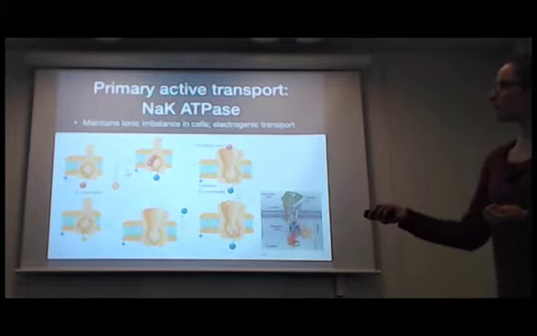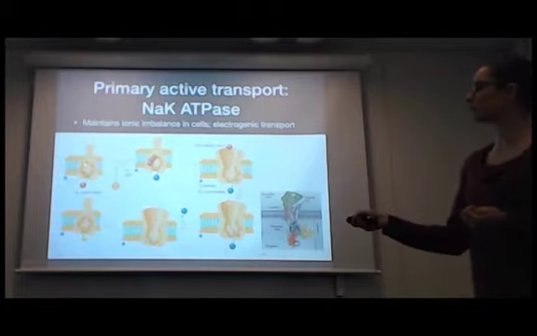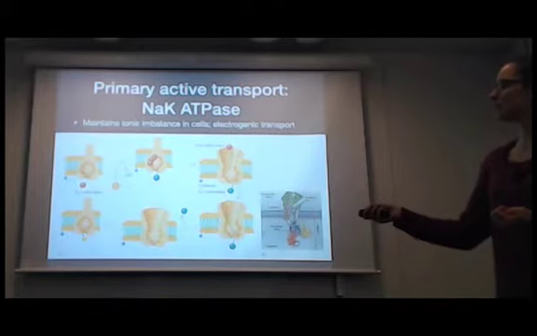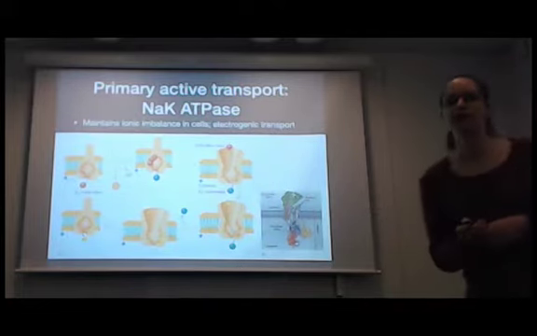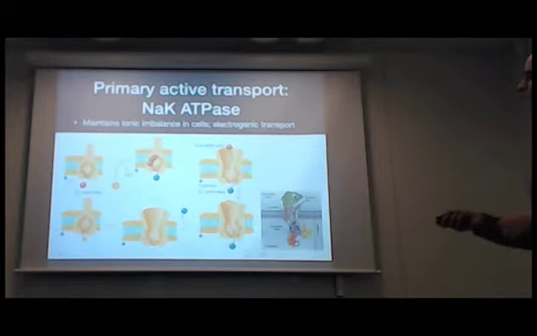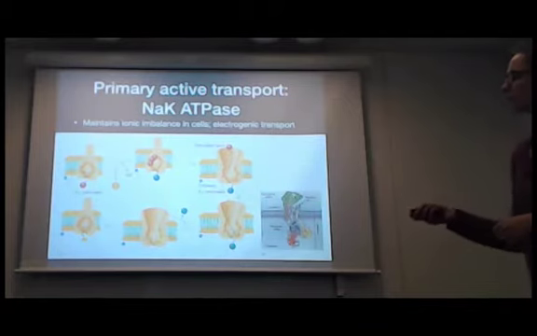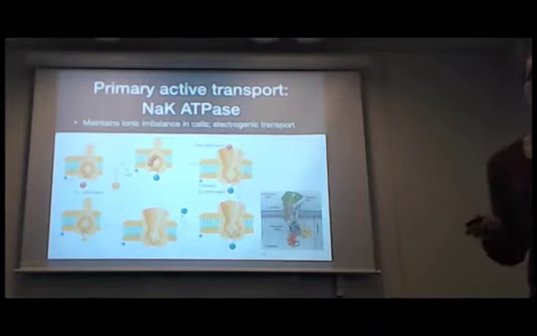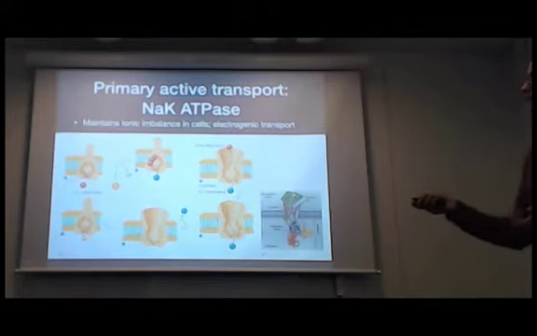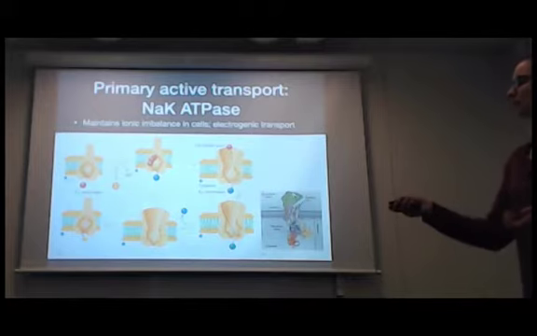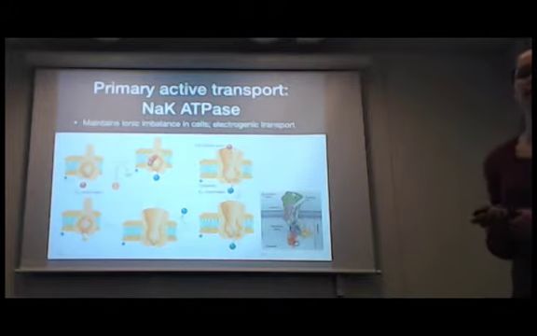In the inward-facing configuration, which you can see here, sodium is able to come and bind, and actually 3 sodiums will come in and bind inside of the cell. Like I said, the transport of sodium outwards is unfavorable because there's already a lot of sodium outside of the cell. And so you have to couple this to a process that gives energy. In that case, it's ATP hydrolysis to ADP.